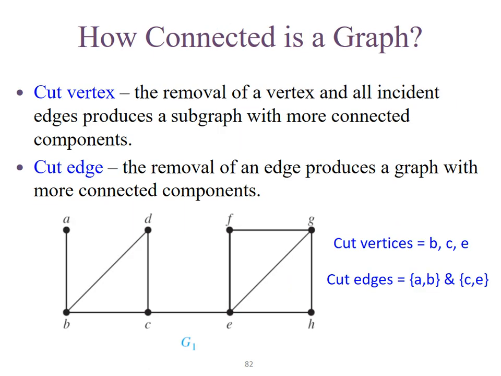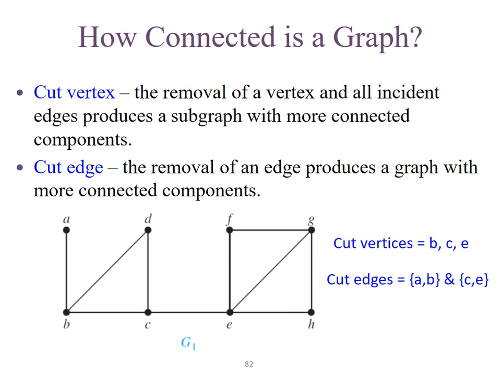Okay, that's a very basic understanding of how graphs are connected. Next, I will introduce some indicators to see how these graphs are connected. So the first term is cut vertex.